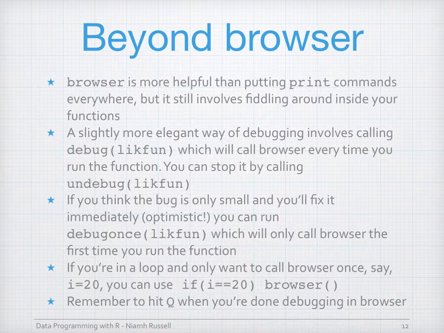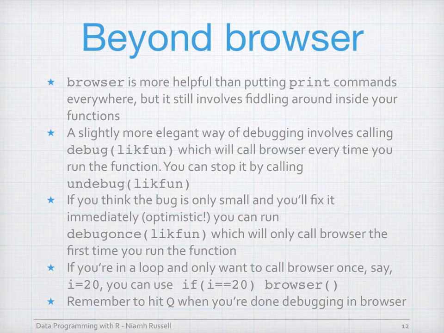So you might know, for example, that the program crashes on the 20th iteration. So if that's the case, and of course this is very situation specific, it'll only arise in certain circumstances, but you can change your function to just call browser on a particular iteration. So for example, you can just use an if statement to call browser on the 20th iteration here.